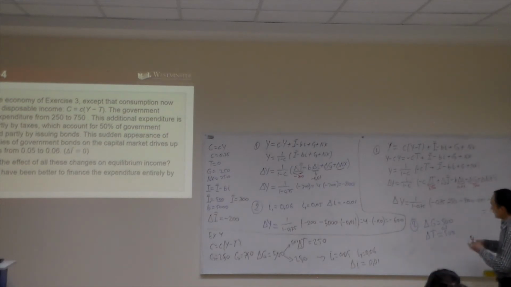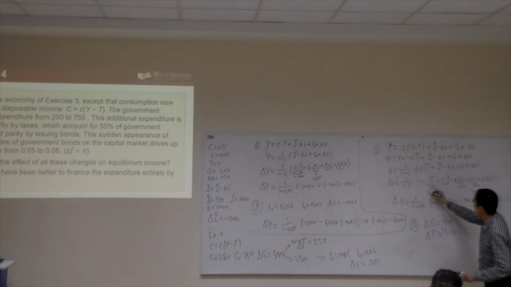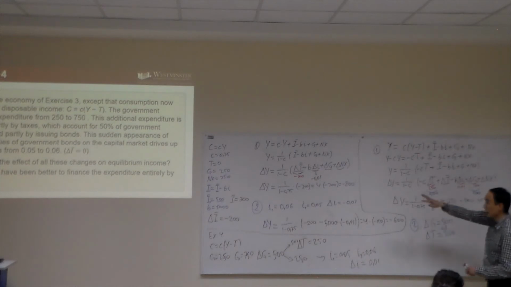In this case, the change in government spending is 500 and the change in tax is 500, while there is no change in interest rate, since they are not going to issue bonds. It comes only from tax.